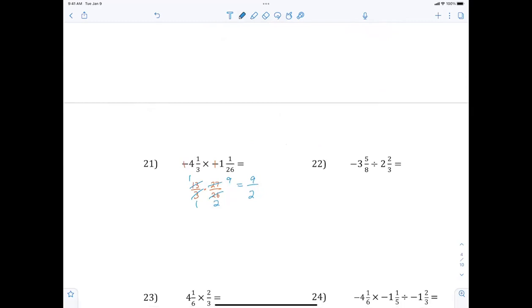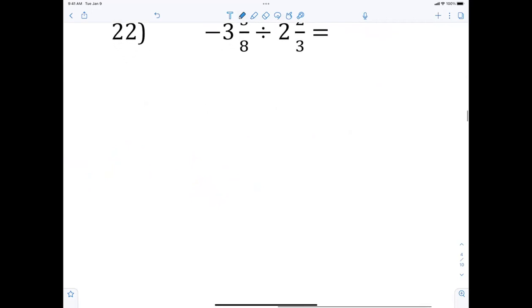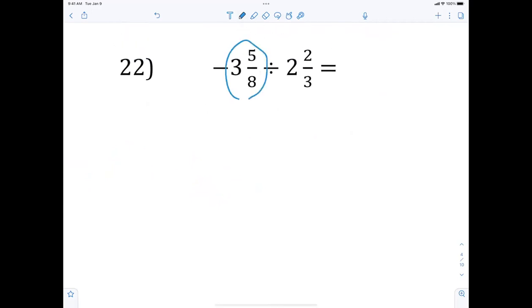Give this one. All right. 22. And then, yes, what is that altogether? Give me this first one. I didn't hear you. Right. Negative 29 over 8 divided by what?